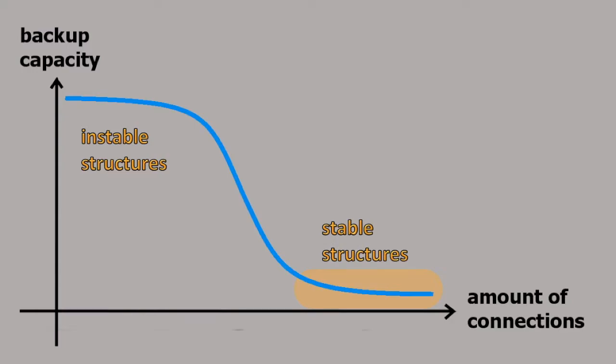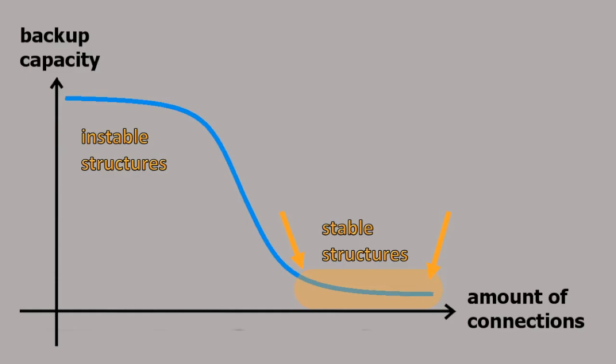So this structure is very stable. Here we see that the backup capacity is almost the same for a very high amount of connections and fewer connections. So structures with fewer connections are almost as stable as structures which connect all with each other. Because of that, you can build very stable grids with less effort and less cost.